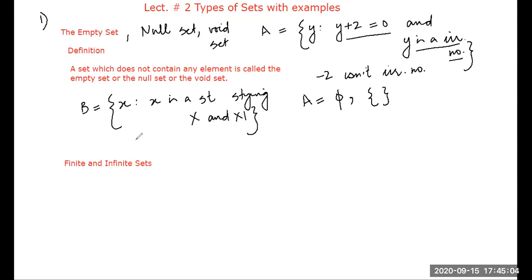This is also an example of a null set, because it's not possible that a student is studying in 10th as well as 11th class simultaneously. So I can say set B is a null set.